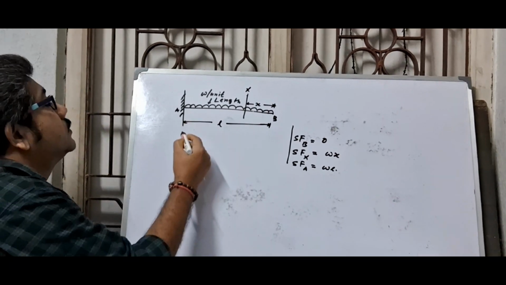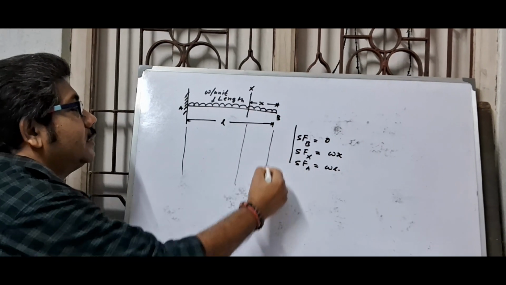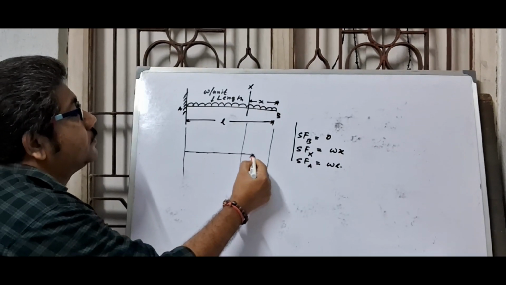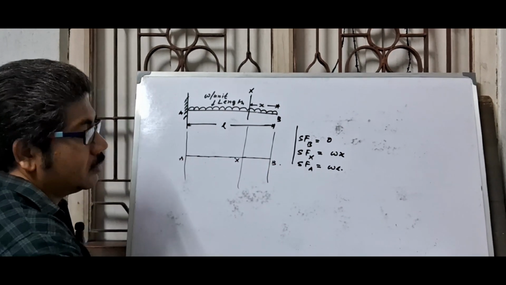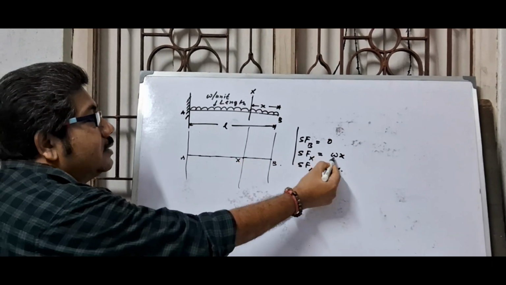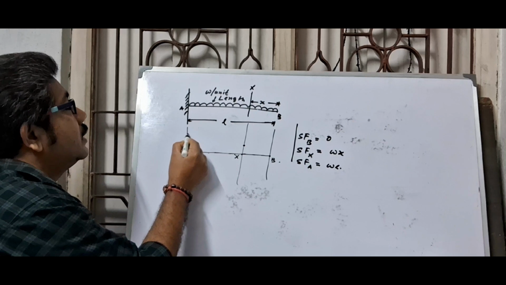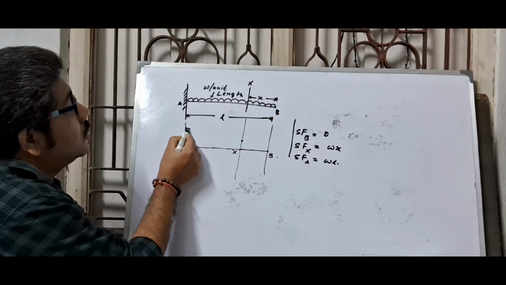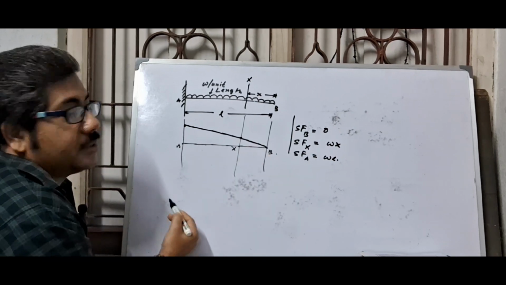Now the shear force diagram. Draw projection lines from all points. This is the reference line A, X and B. At point B it is 0, at point X it is omega x, and at point A it is omega L. If you connect these points, you will get an inclined straight line.